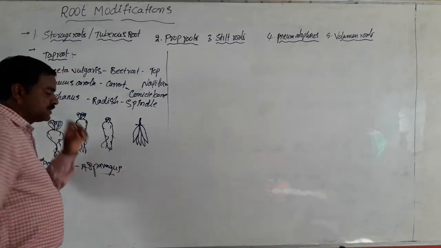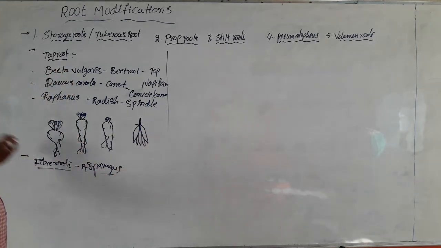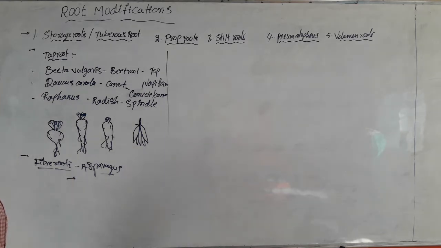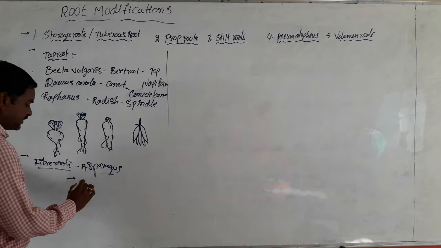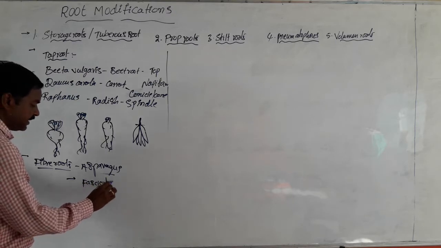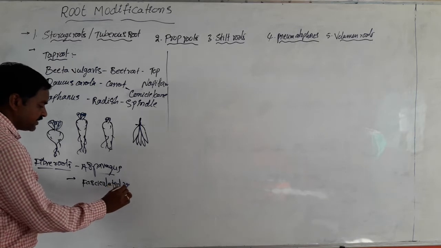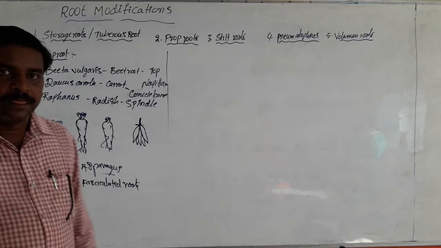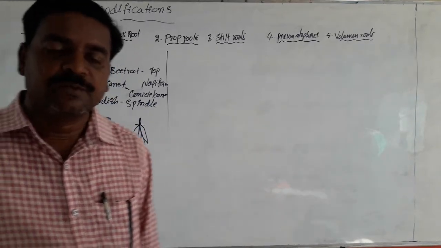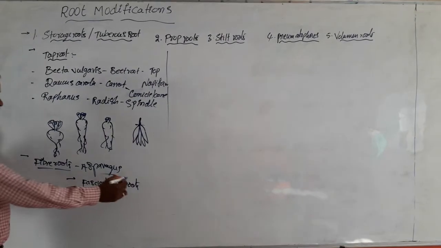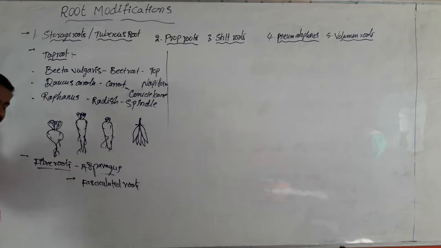A bunch of tuberous roots is found in asparagus plants. This bunch of tuberous roots present in asparagus is considered as fasciculated roots. Fasciculated roots means the bunch of tuberous roots which are formed by the storage of food materials inside the fibrous roots. The best example for fasciculated roots is asparagus.